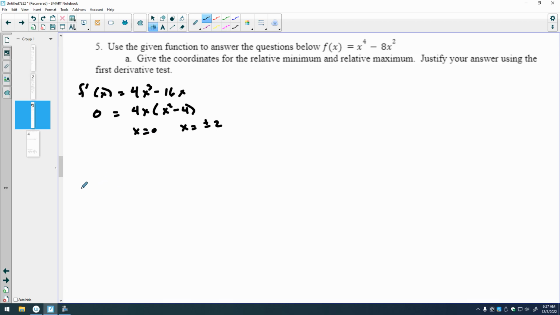So I'm just going to use a number line to help me identify my information. We have negative 2, we have 0, and we have positive 2. Checking to the left of negative 2, like negative 3. Let me factor this one more time. It'll help when we plug in.